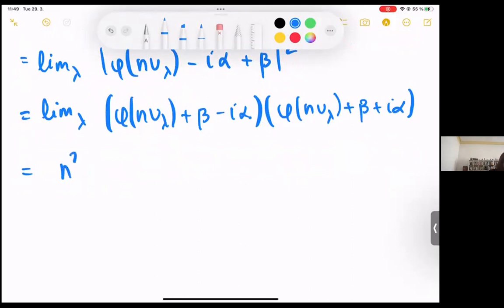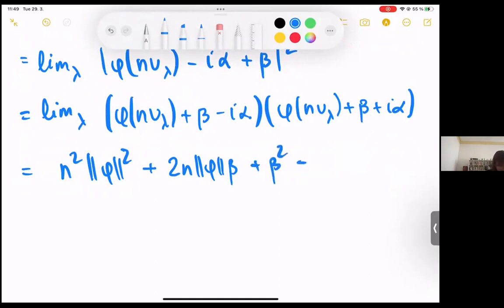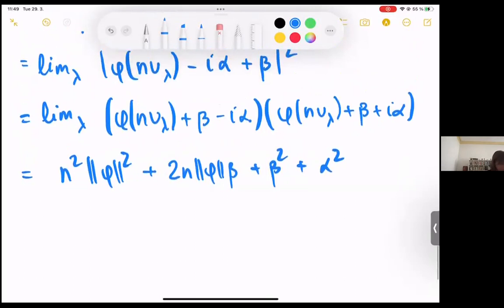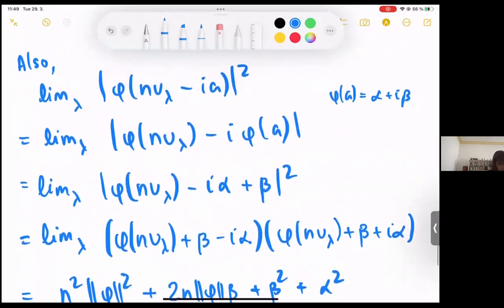So we get, taking the limit, this is going to be, okay, so this should be 2n phi beta. The i alphas should cancel out. We get a beta squared and then an alpha squared. Okay, so this is equal to this limit here.